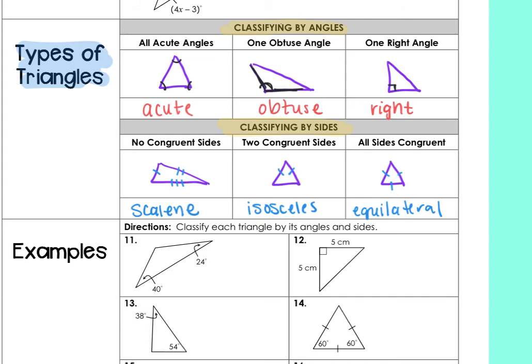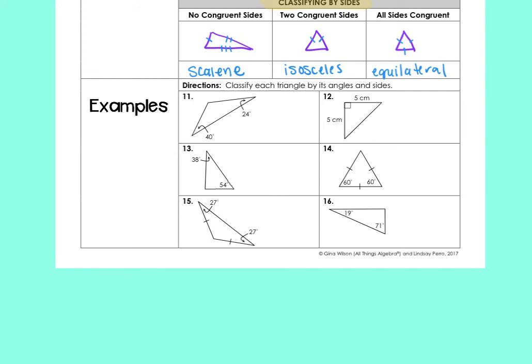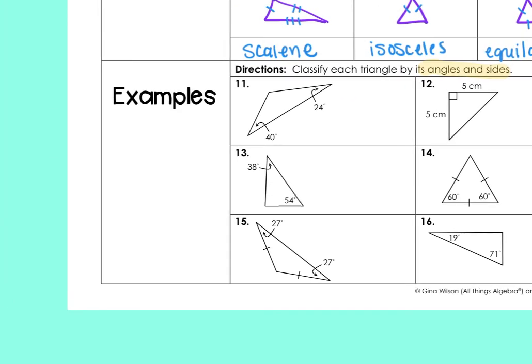Now let's go to the examples. Directions: classify each triangle by its angles and by its sides. So let's look at number 11. First, let's start by looking at its angles. We have a 40-degree angle, a 24-degree angle, and then we can actually figure out this third angle because remember, we know that they have to add up to 180.